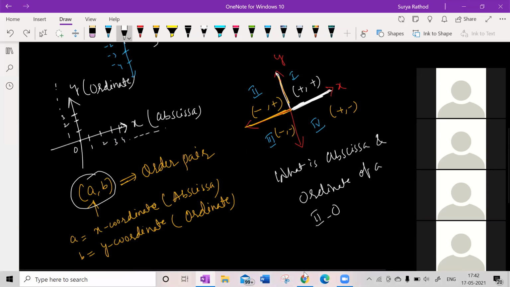Minus and plus. He's asking about abscissa and ordinate. Abscissa means x-axis. What is the abscissa we have here? Minus. What is the ordinate we have here? Plus in the second quadrant. So this is what exactly he's asking in the question.